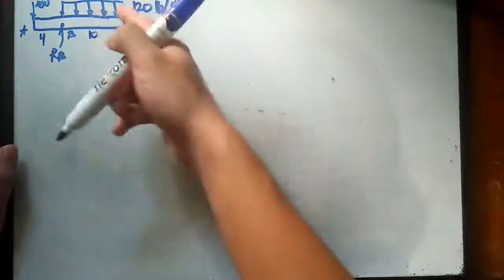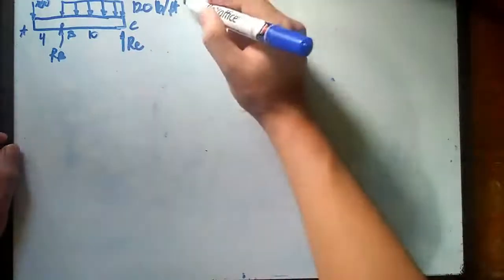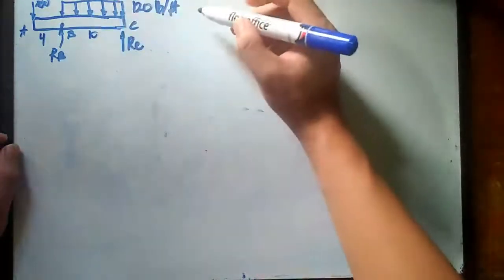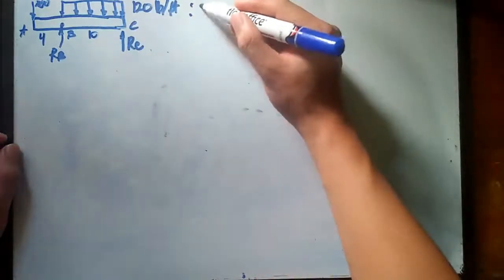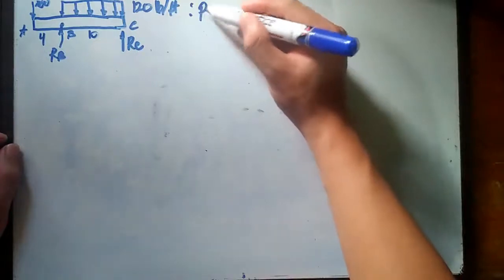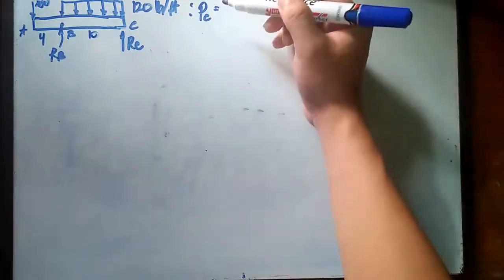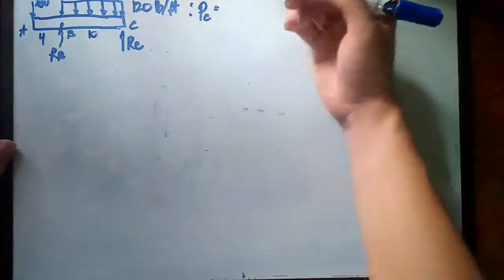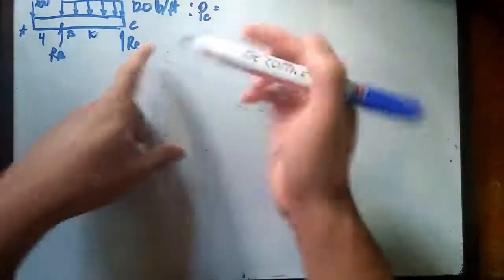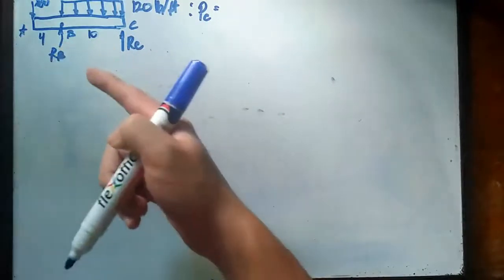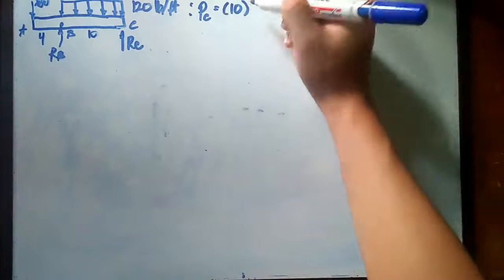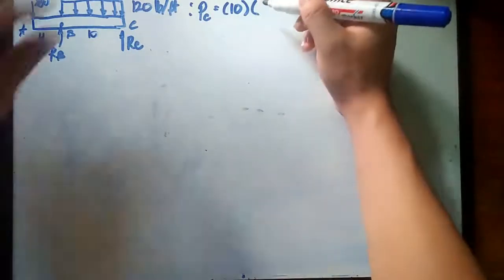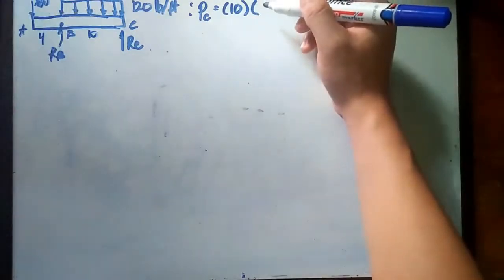Let's try to solve for the concentrated load of this uniformly distributed load. Let's designate that as P sub C equals, what is the formula of the rectangle? That is simply length multiplied by the width. So the length would be 10, multiplied by its width, or let's say height, length times height.